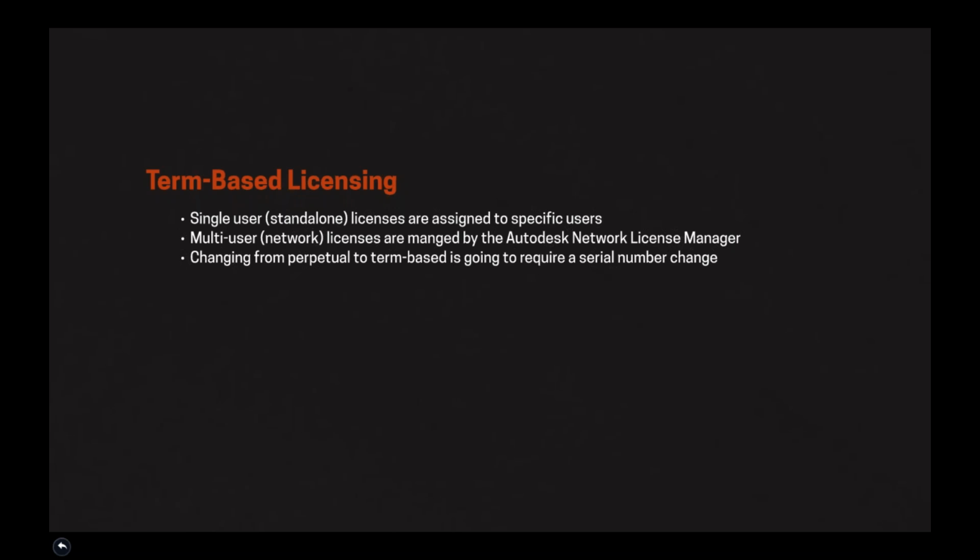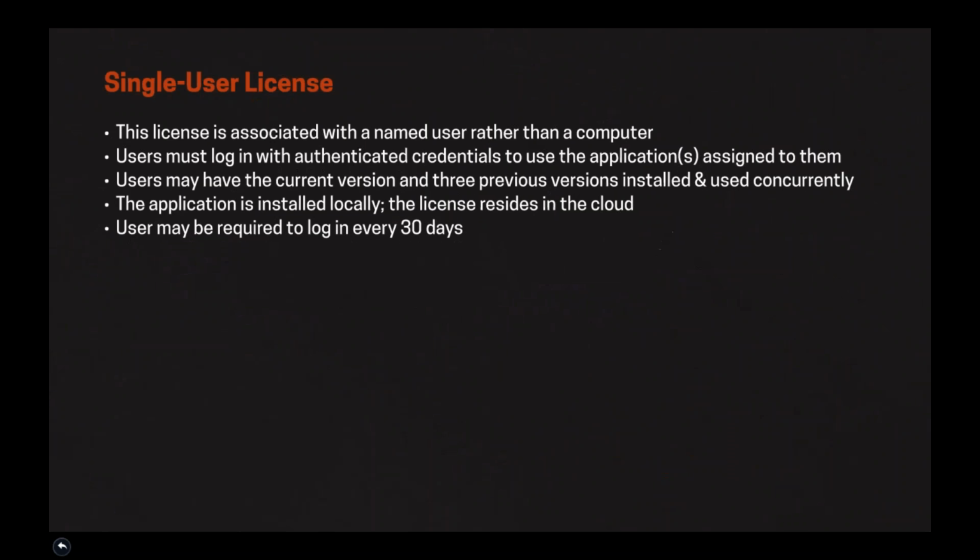This is going to potentially affect the standalone licenses. The multi-user or network licenses is not going to be a big deal because just the way that the license management is done. So the single user licenses, it's a user assigned license.